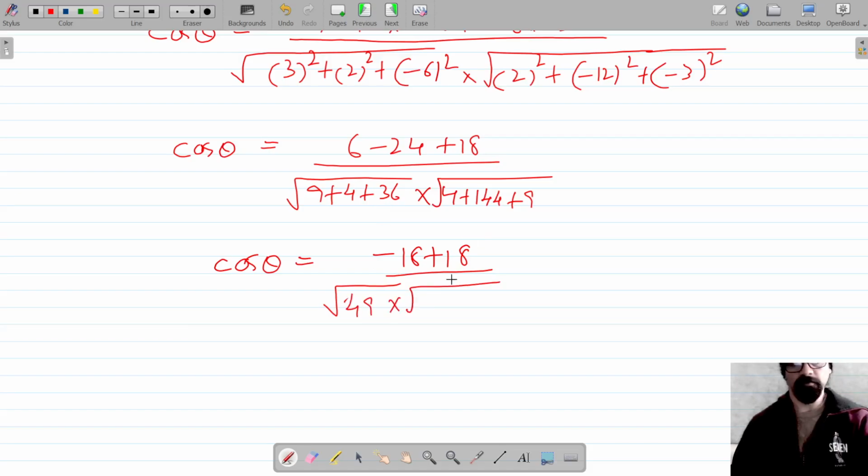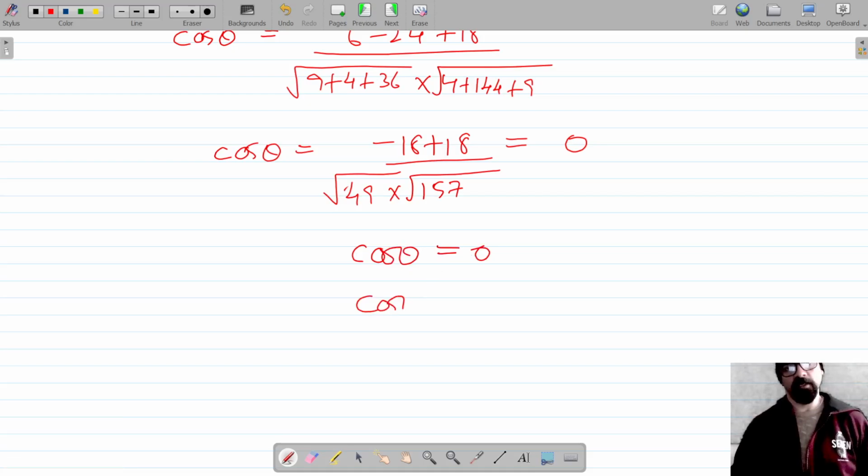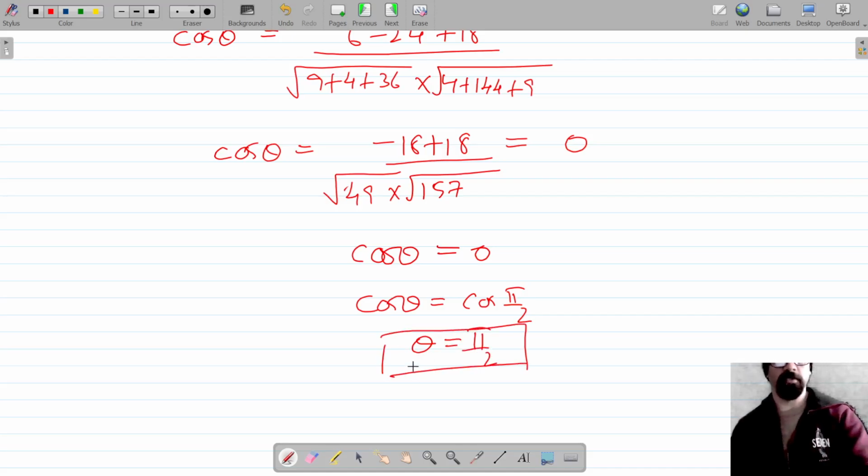Obviously this is going to be 0. So the angle between them, cos theta is equal to 0, that doesn't mean the angle is 0, that means cos theta is 0. And we know that cos is 0 for angle pi by 2, so theta is equal to pi by 2. So these two lines are perpendicular to each other.